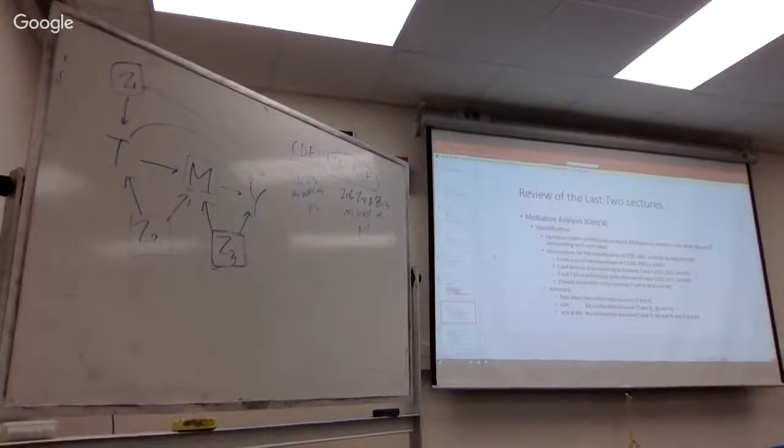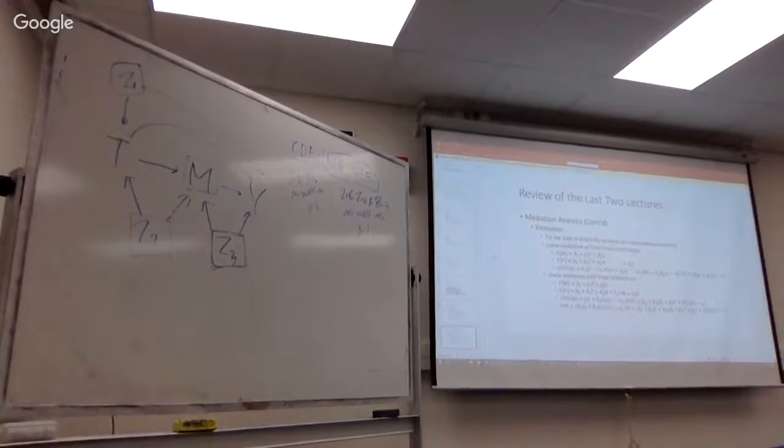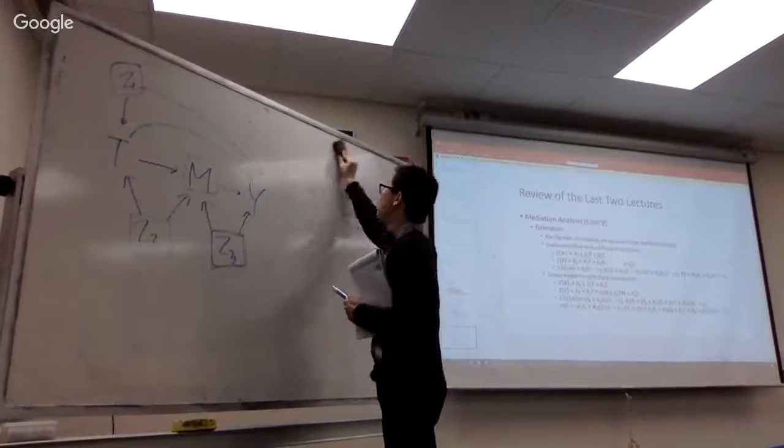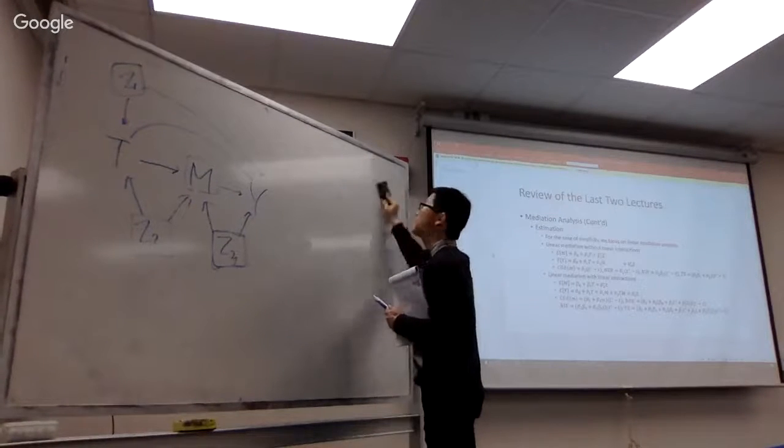And for NDE and NIE, you should have the one more assumption that there are no confounders between T and M, or unobserved confounders. Let's move on to the estimation part.